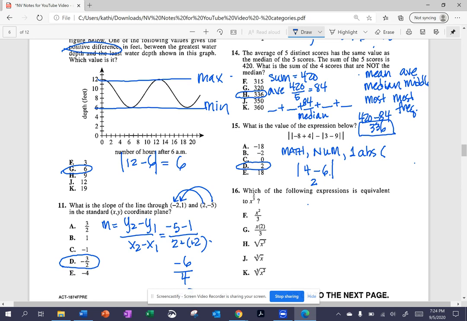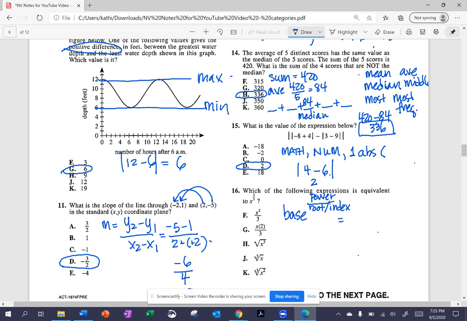Okay, number 16. Which of the following expressions is equal to x to the 2/3 power? So I need to remember that when I'm raising the base to a fractional exponent, the power is divided by the root, or the index.